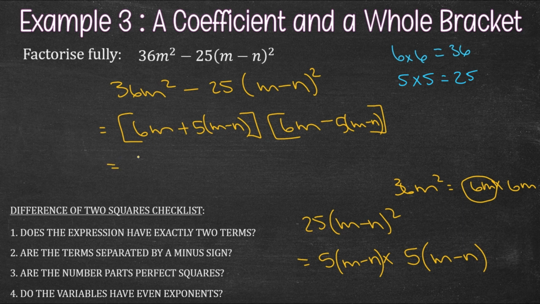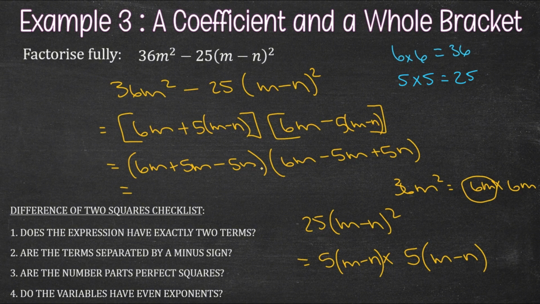I've got 6m plus 5m minus 5n, because I've got plus 5 multiplied by negative n gives me negative 5n. And in this bracket, we've got 6m. We've got this negative 5 multiplied by m is negative 5m. And negative 5 times negative n is positive 5n.